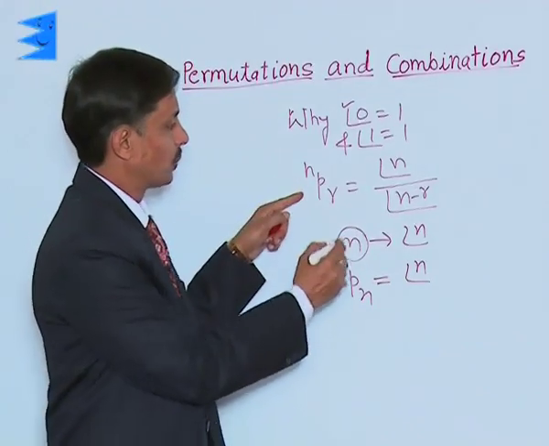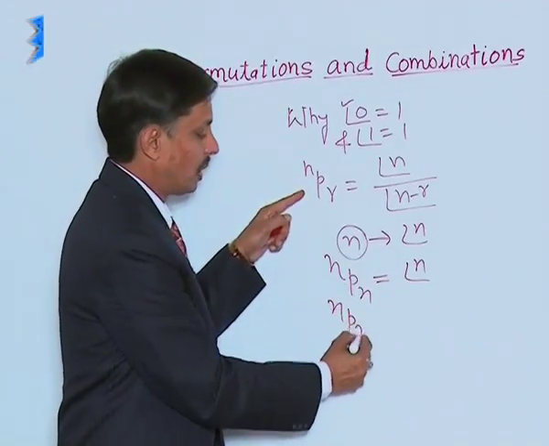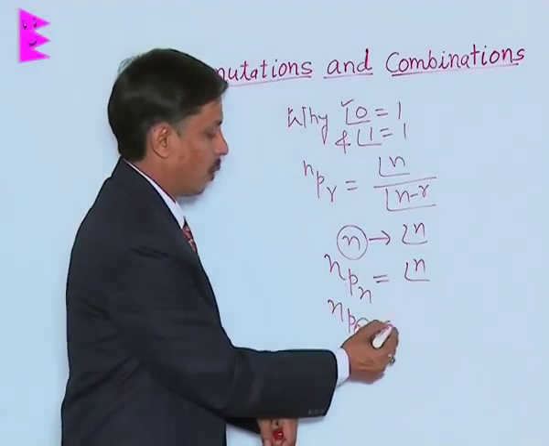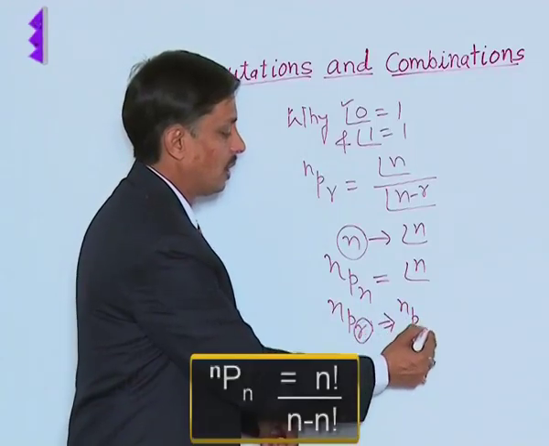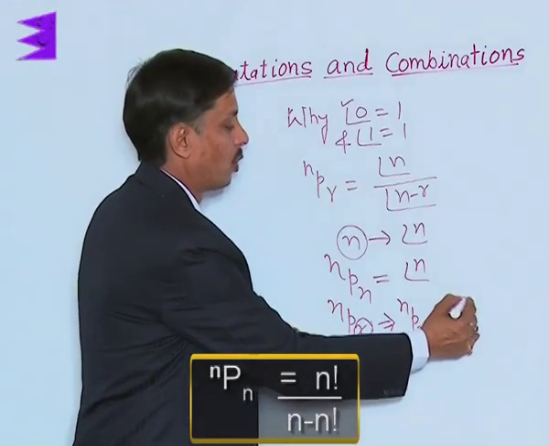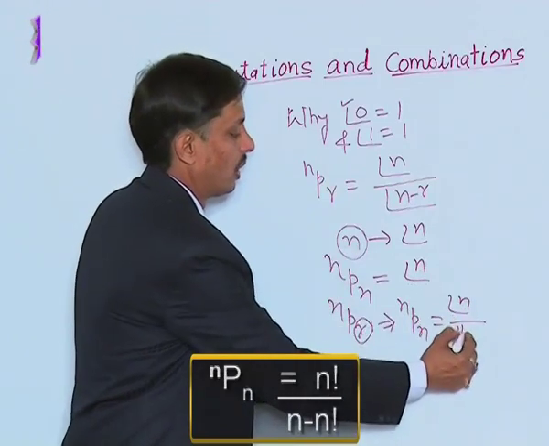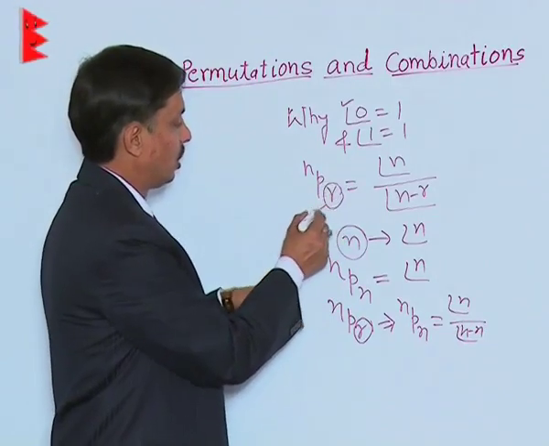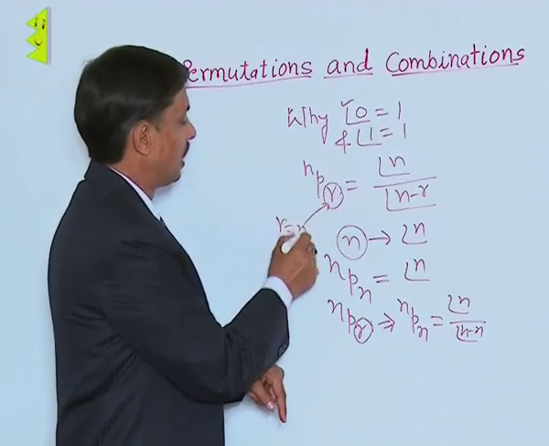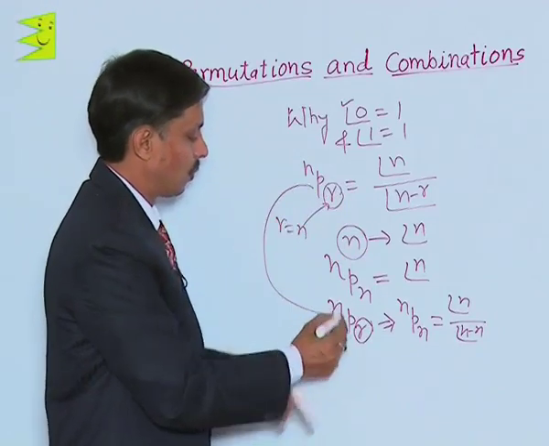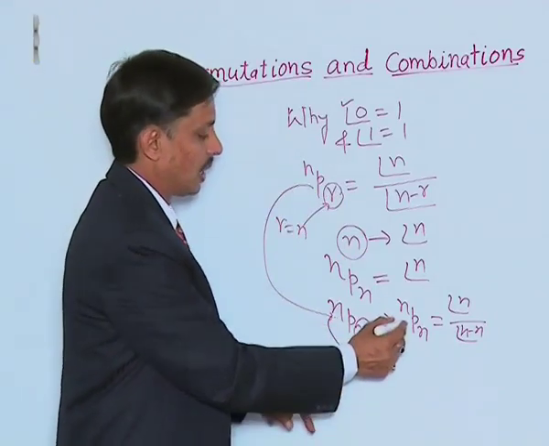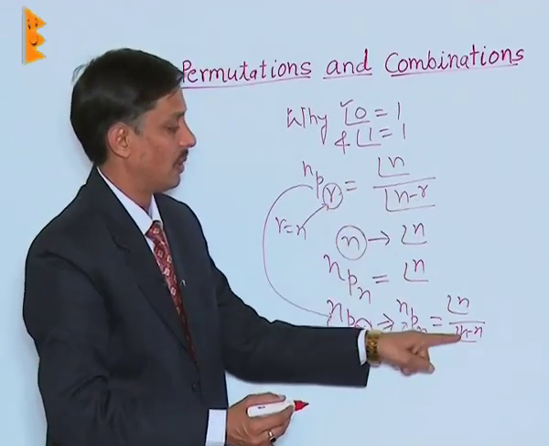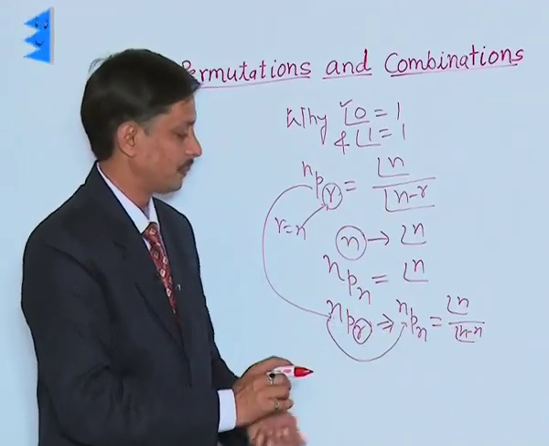So in place of this formula of nPr, if I ask you to replace r by n, what will it be? nPn is equal to factorial n upon factorial n minus n. Because I am asking you to replace r by n, the formula nPr goes to nPn, and the right-hand side factorial n upon factorial n minus r means factorial n minus n.